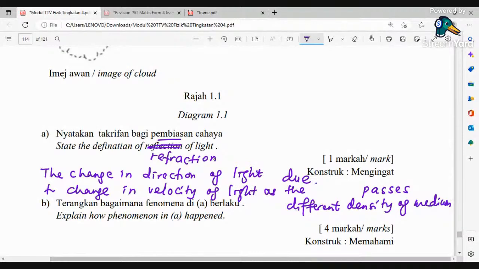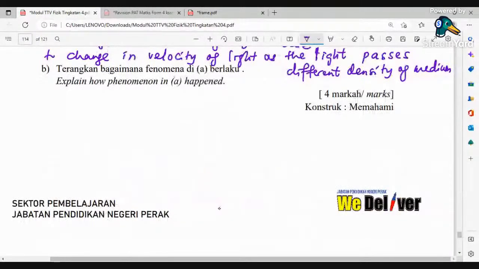Okay. Explain how phenomenon A happen for marks. Mirage.